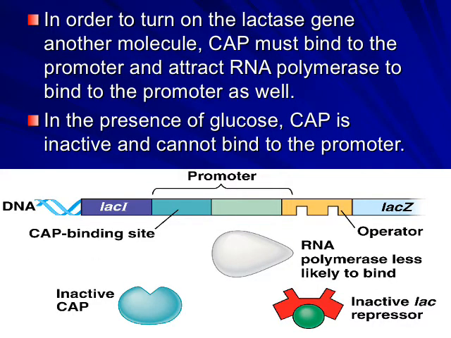In order to turn on the lactase gene, we need another molecule, CAP. Remember, our previous example was in prokaryotes, now we're talking about eukaryotes. So in eukaryotes, they have a molecule called CAP that must bind to the promoter and then attract the RNA polymerase to bind to the promoter as well. In the presence of glucose, CAP is inactive and cannot bind to the promoter.